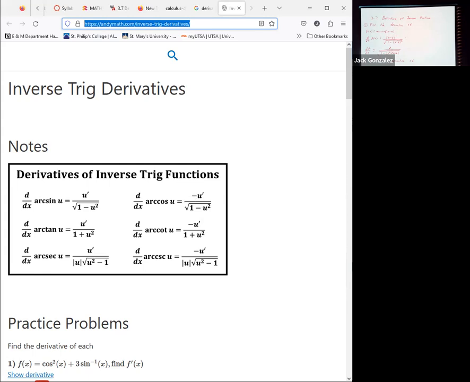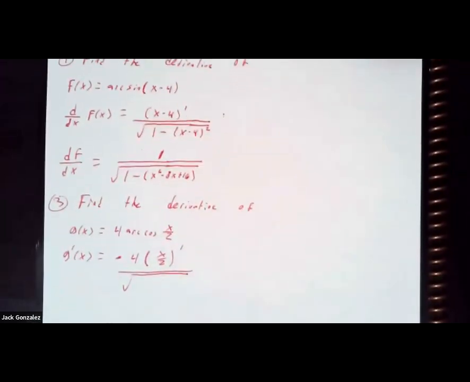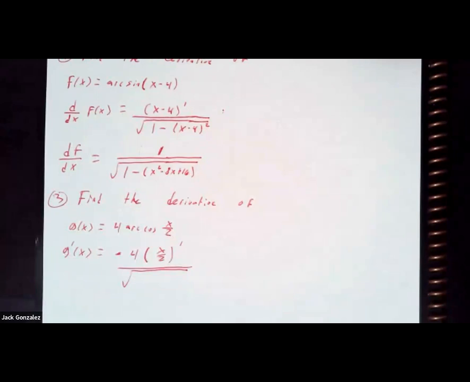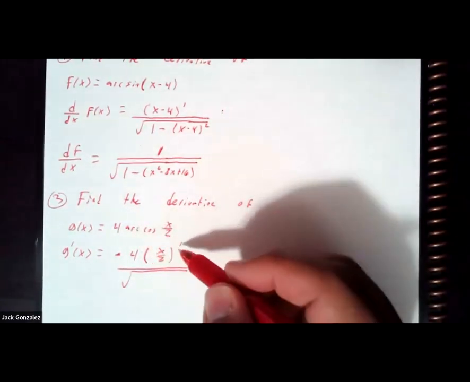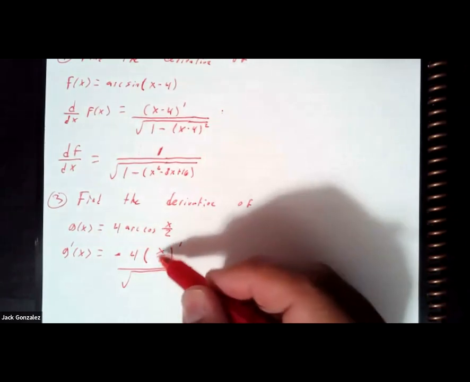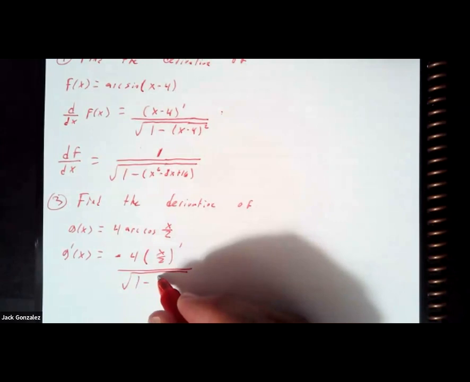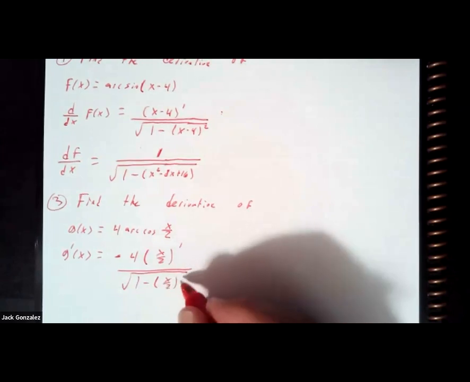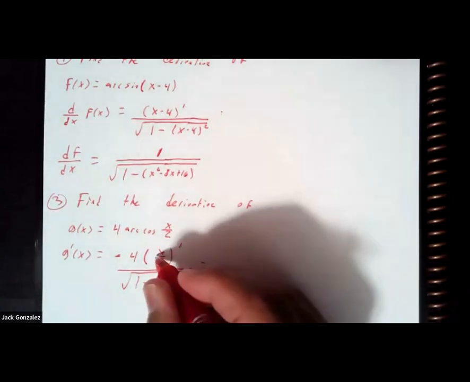Oops, sorry, let me switch back. Right, using the formula, the derivative of the arc cosine is that formula. Derivative of this argument over square root of 1 minus that argument squared. What is the derivative of x over 2?